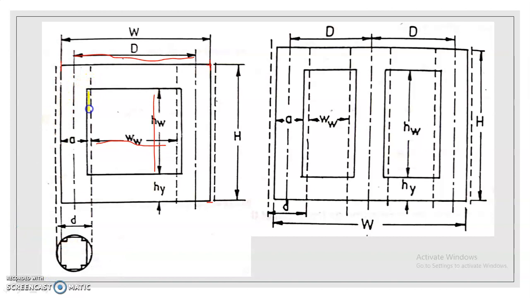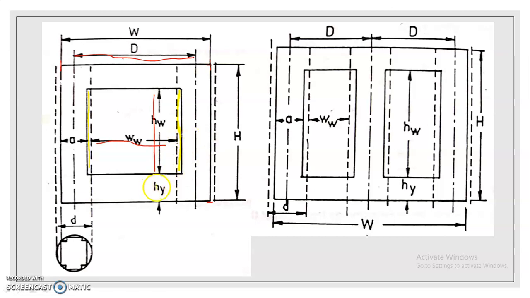This portion is the copper area in the window. We have to measure WW, the width of the window, excepting the copper area. We need to take care of that while calculating WW.